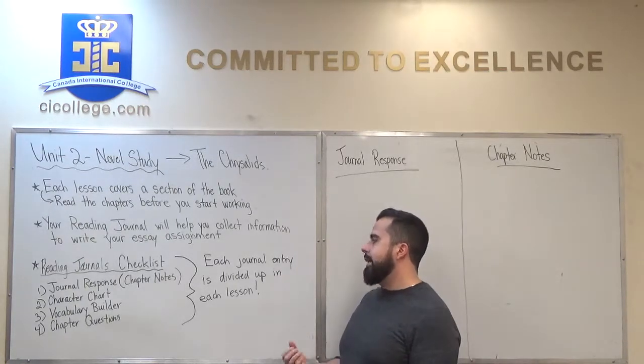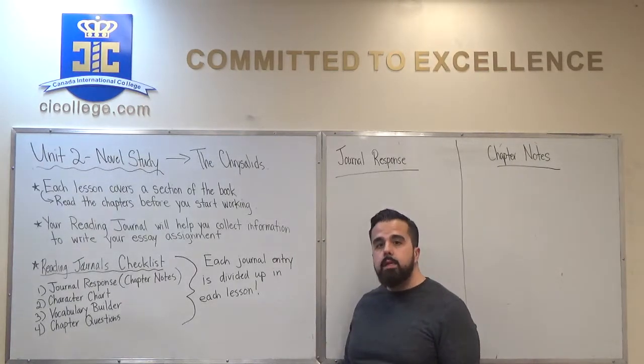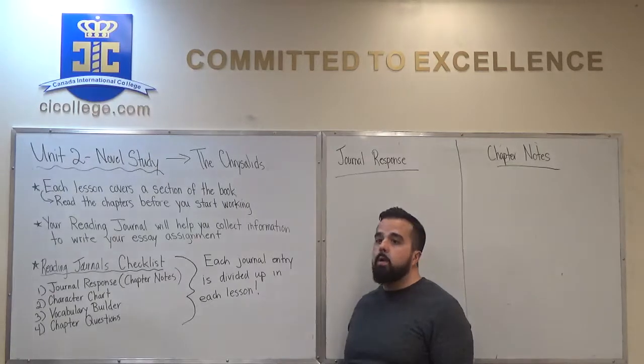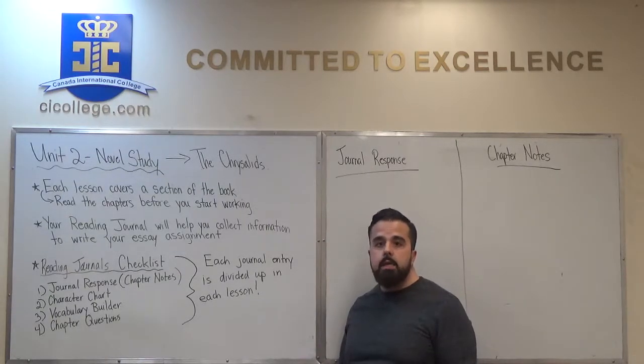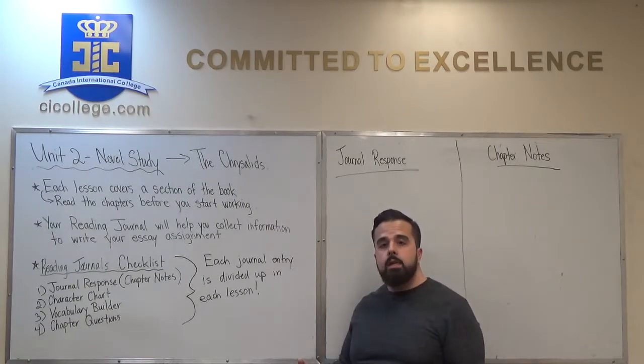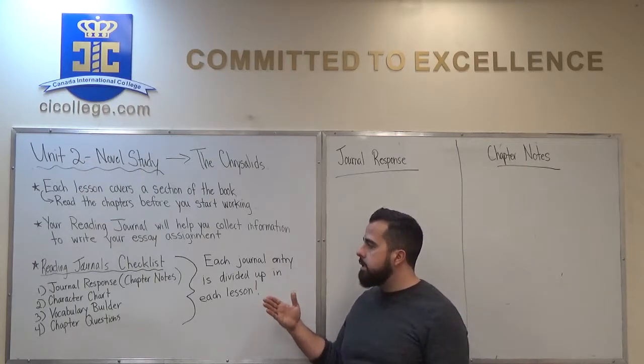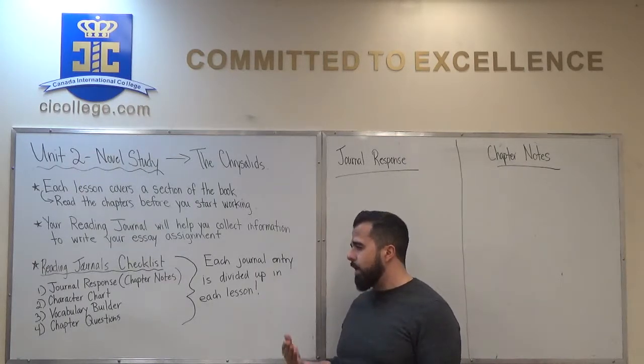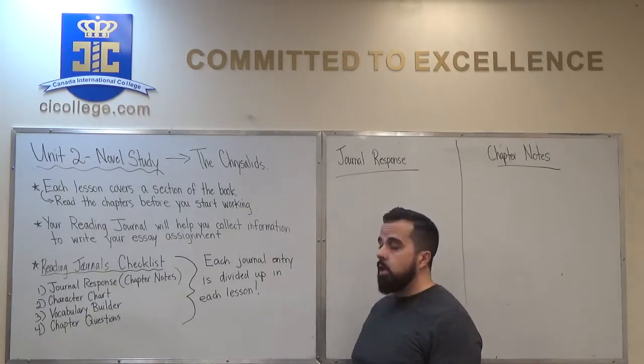Each journal entry is divided up for each lesson, so that you won't have to worry about going back and checking to make sure. Each time you click on a new lesson, there'll be new questions, new vocabulary builder words, and that will make your life a lot easier.